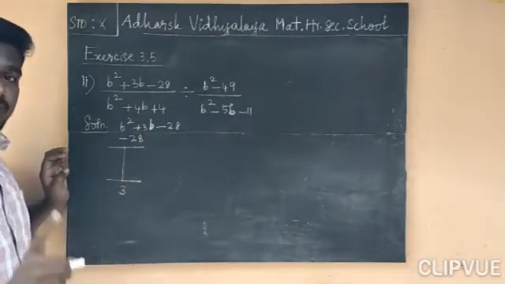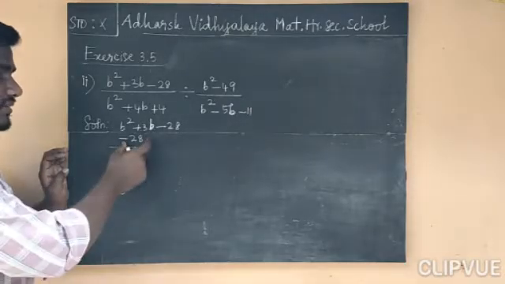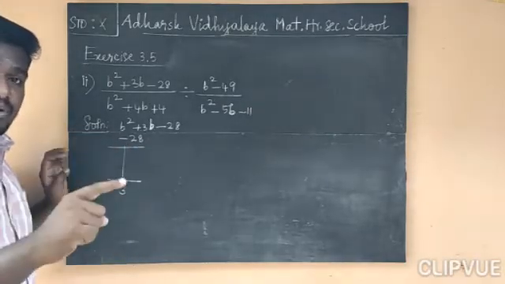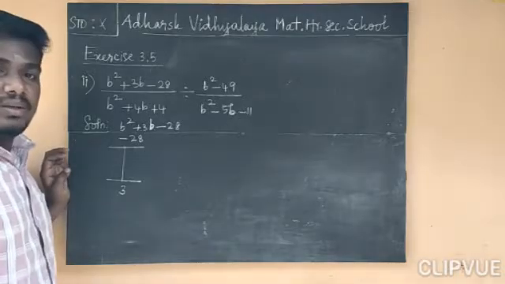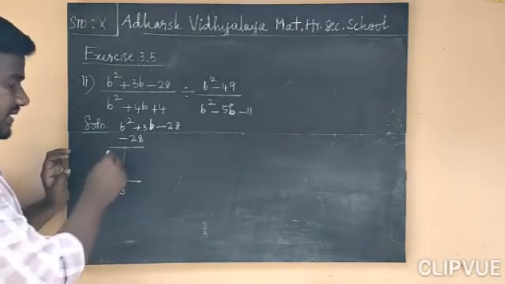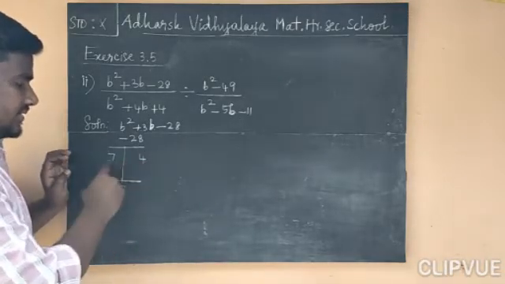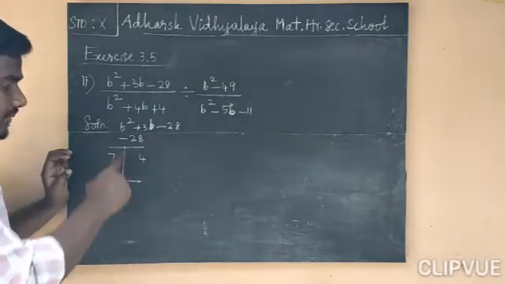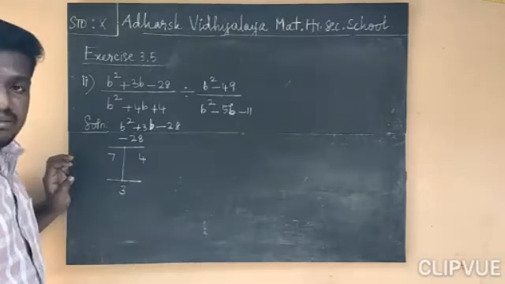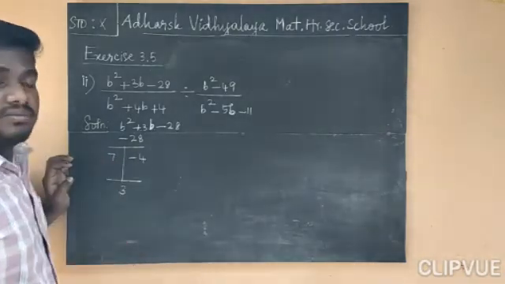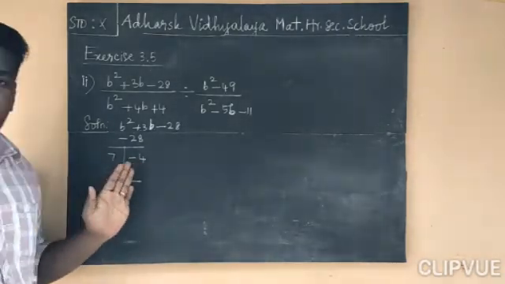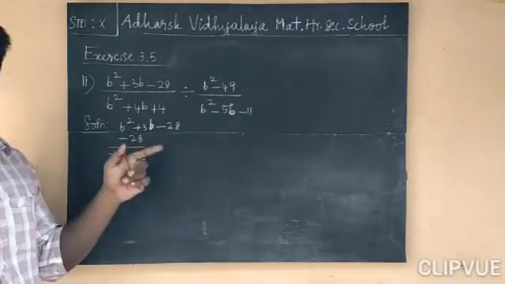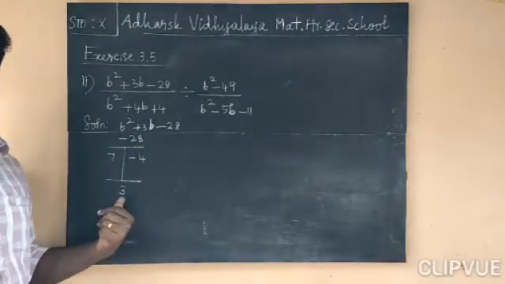So when we multiply two numbers, we get minus 28, and when we add the same two numbers, we should get 3. So what are they? 7 and 4. 7 into 4 is 28. 7 minus 4 is 3. But here we get minus 28 plus 3. So we assign minus to the 4. 7 into minus 4 is minus 28. 7 minus 4 is equal to 3.